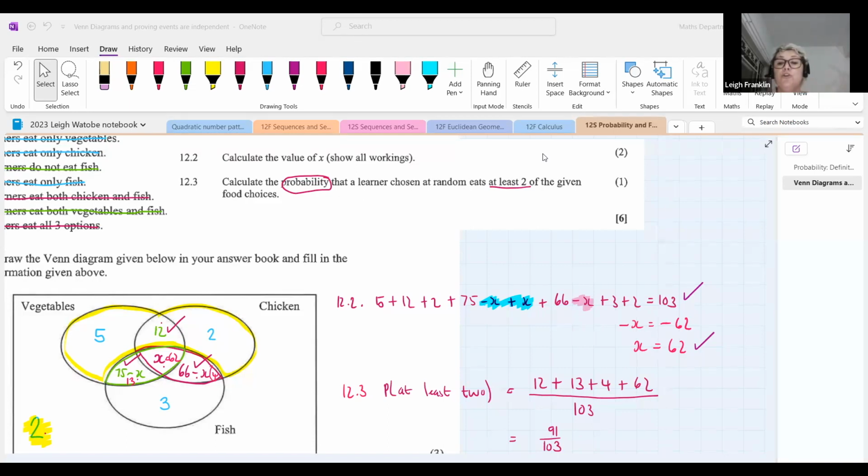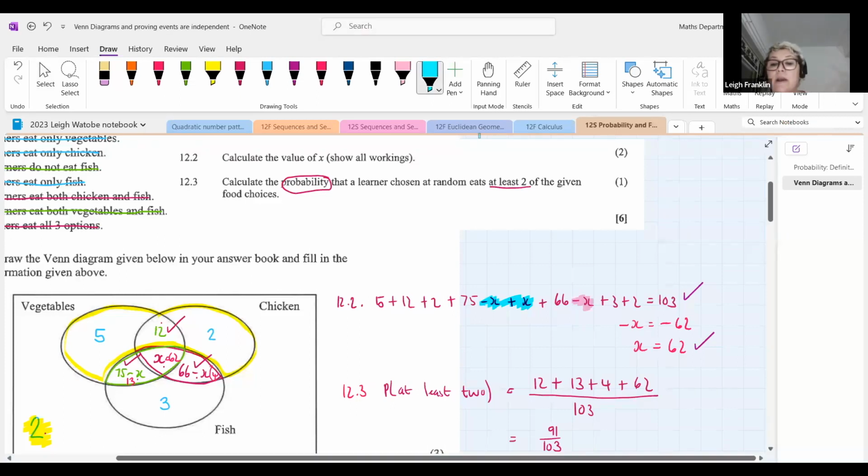Okay, so you should have got negative 62. 62 is the right answer. So negative x equals negative 62, and then x equals 62. Yes, that's correct. Okay, Lesejo, you didn't get it wrong. I got the same answer as you. Okay, over here, I'll just highlight it in turquoise.